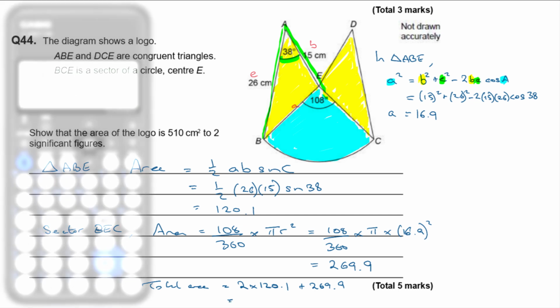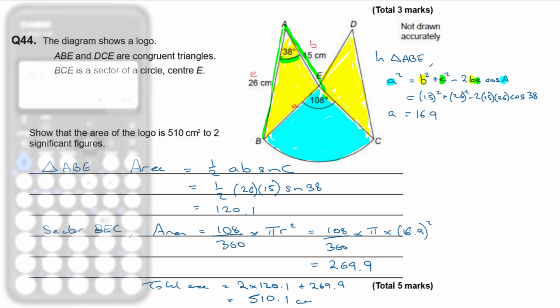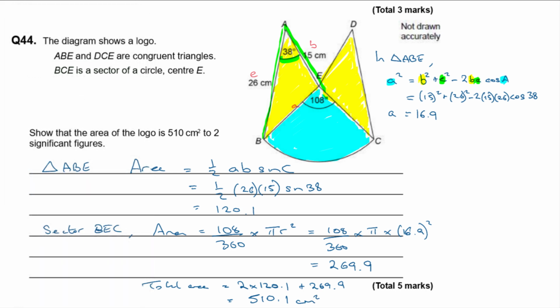Okay, so then adding on 2 times 120.1, that comes out to be 510.1. So 510.1, and that's going to be in centimeters squared then, isn't it? Oh, show that the area of the logo is 510 centimeters squared to 2 significant figures. So I can just say, yeah, that's roughly 510 then, isn't it? Okay, good. Good job. We did it.